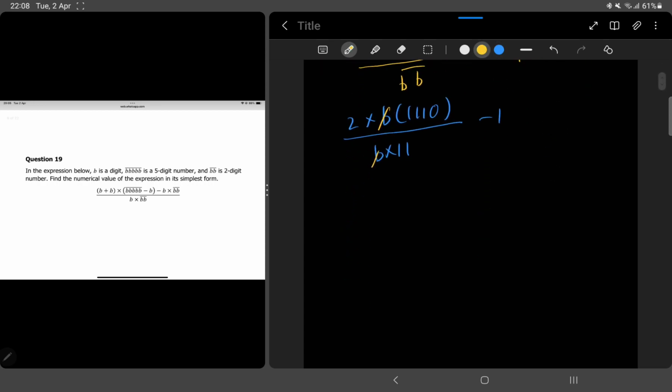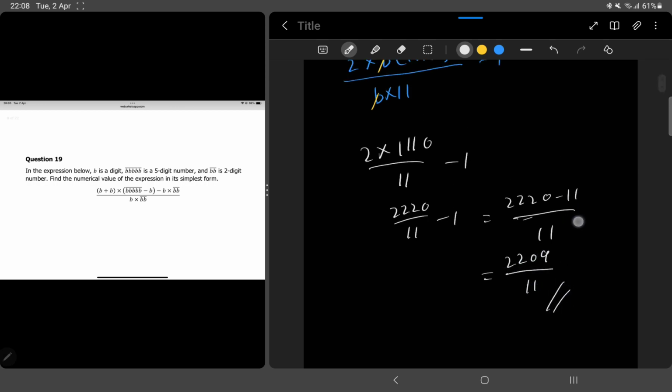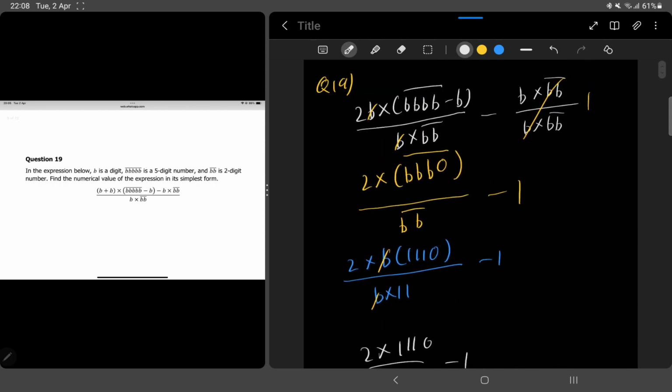This just becomes 2 times 1110 over 11 minus 1, so that's 2220 over 11 minus 1, or 2220 minus 11 over 11, which is 2209 over 11. So that's how I would solve that question.